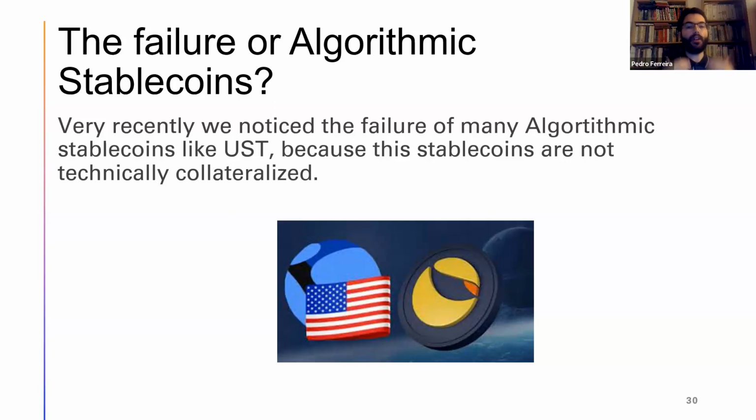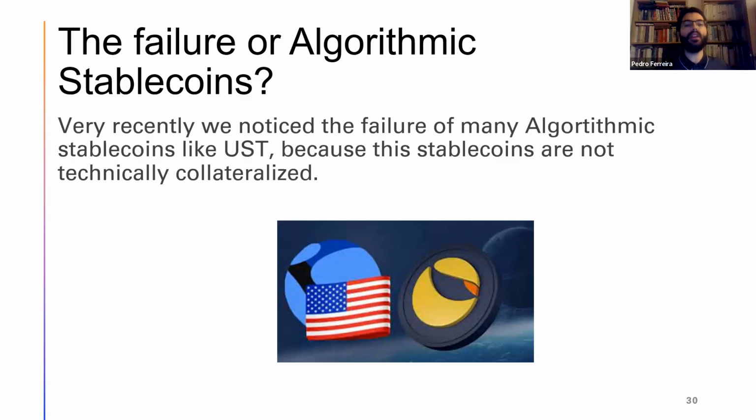The major problem of algorithmic stablecoins, even though they have a higher purpose, because they want to disconnect from the real world, they want to create a stablecoin that is stable, but not connected to something that can be manipulated by the governments, etc. They want an algorithmic stablecoin that is not manipulated and that also increases in value.